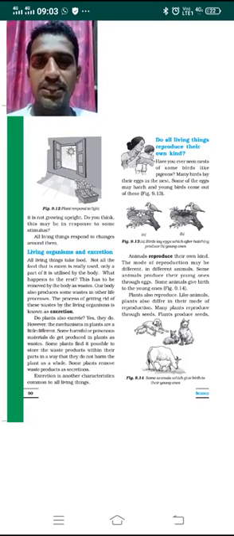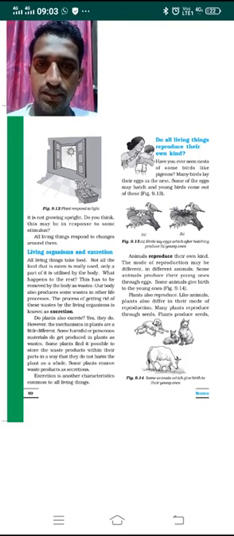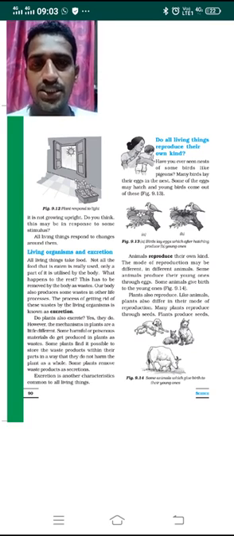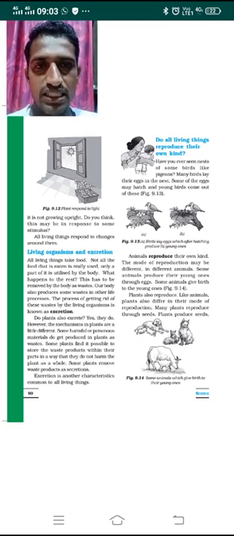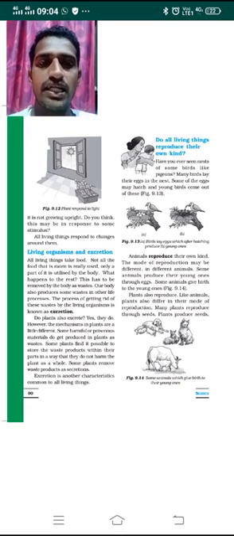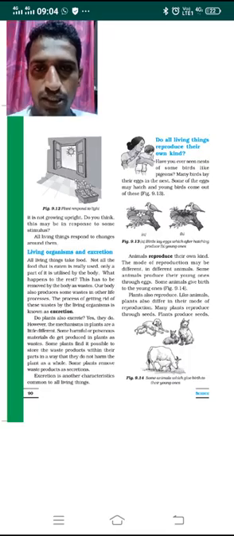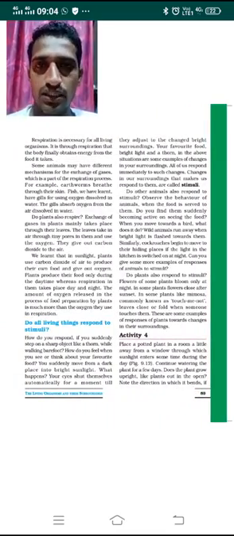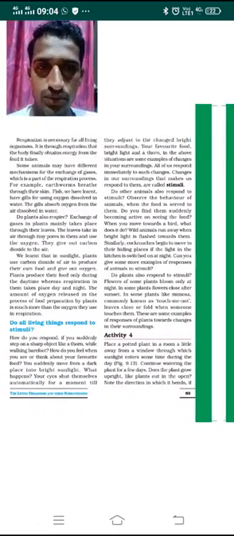Dear students, we have been studying the lesson reproduction. Therein we studied the characteristics of living things, the different characteristic features of living things. In the previous class we discussed two important characteristic features: living organisms excrete waste things, and living organisms respond to stimuli.